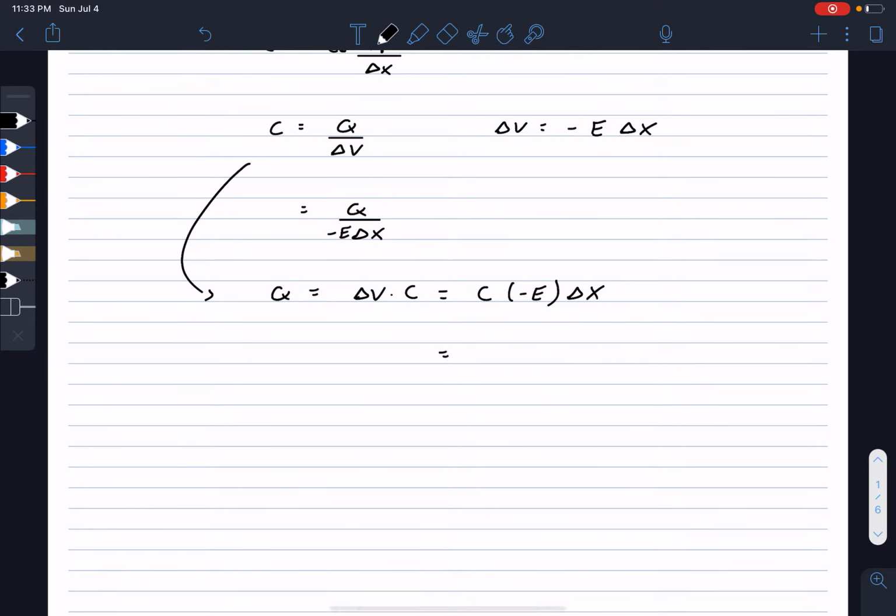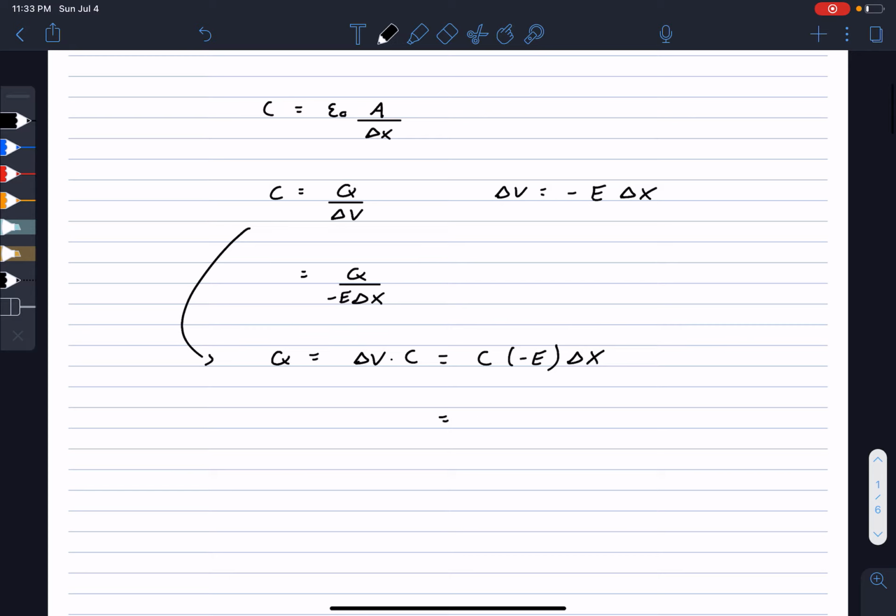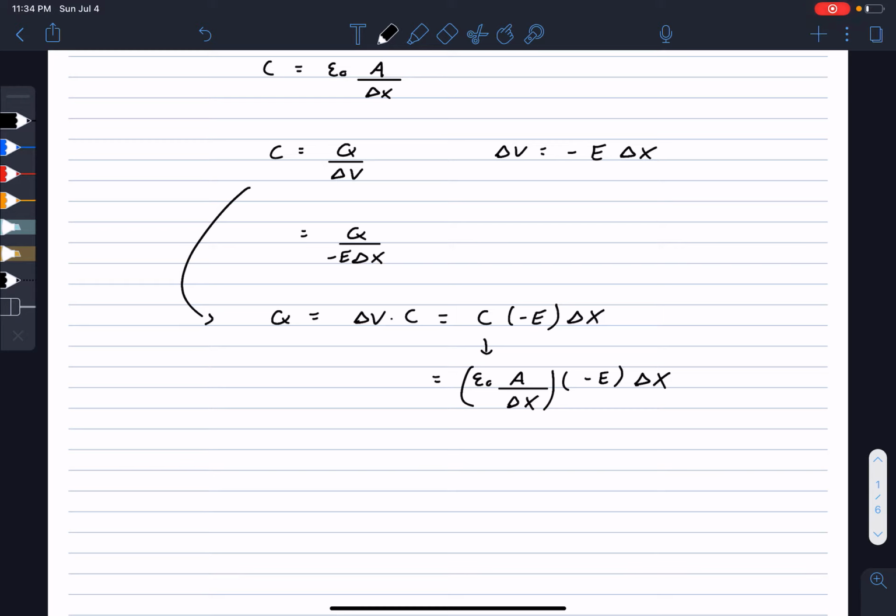That's also equal to what we have up here, epsilon naught times area times the change in the distance. So that's capacitance, I just plugged this in for C. Then I'm going to leave this here, E times the change in the distance. Well, so this is what the charge is. We're looking for the Q max. We're given all these values that we can plug in, so this is going to end up being Q max here.